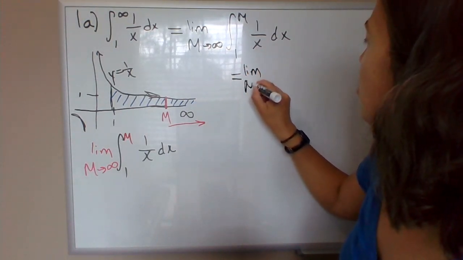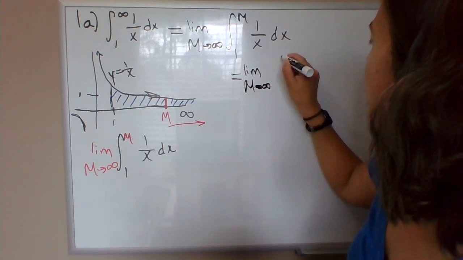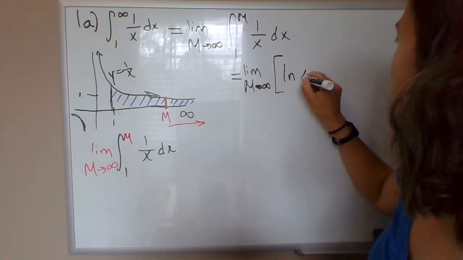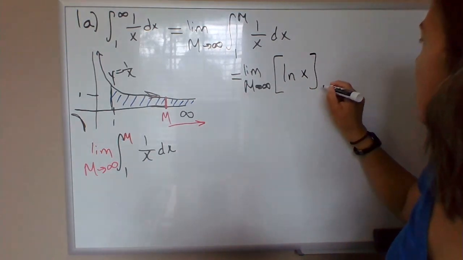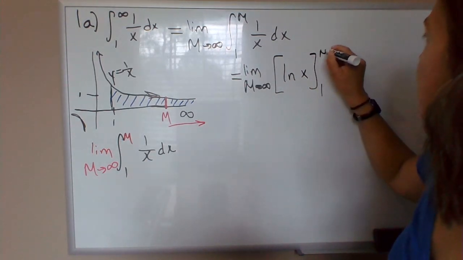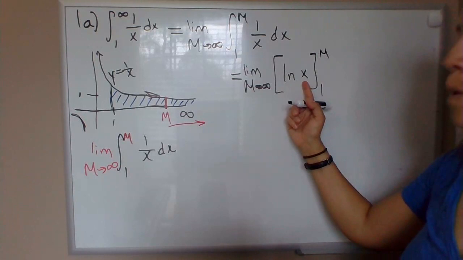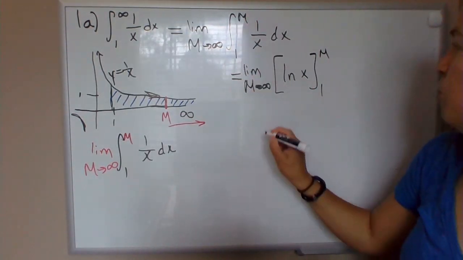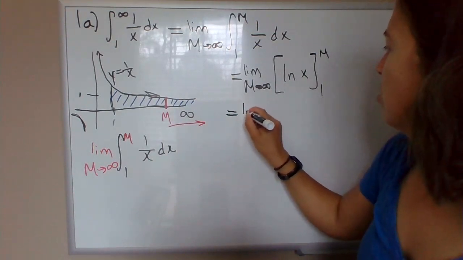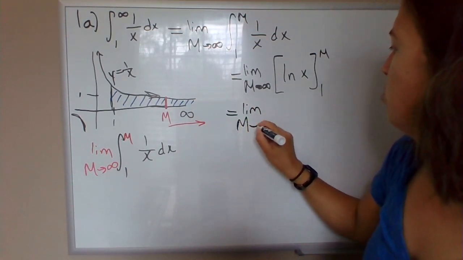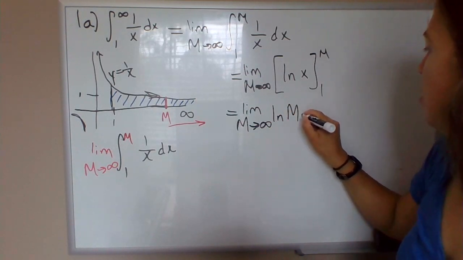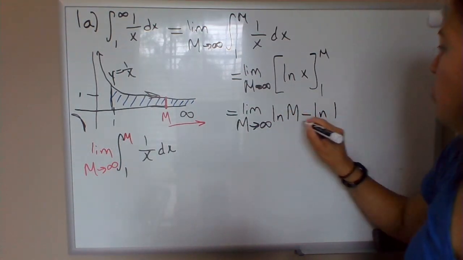So this is equal to the limit as m approaches infinity of the antiderivative, natural log of x, as x goes from 1 to m. I'm not putting the absolute value around the x here because I know that x is positive in this interval. And so this is the limit as m approaches infinity of natural log of m minus natural log of 1.